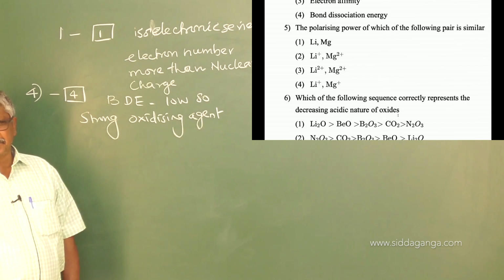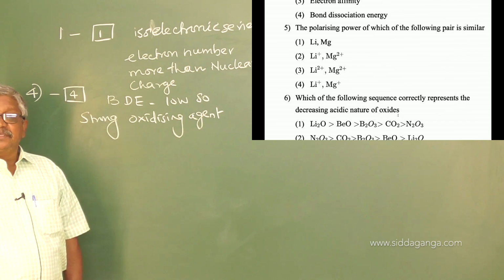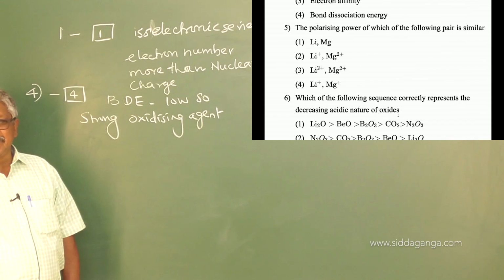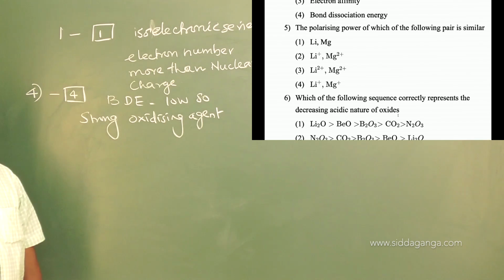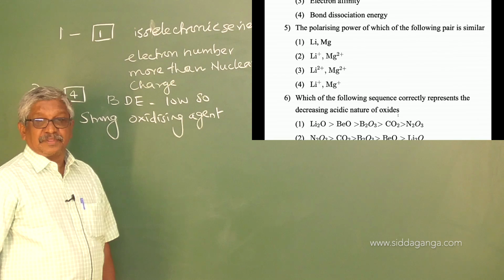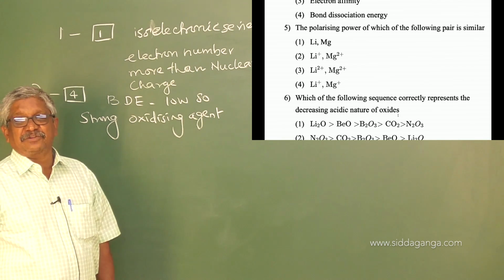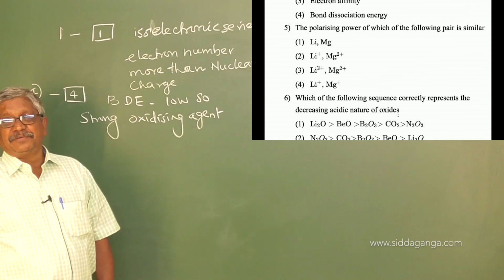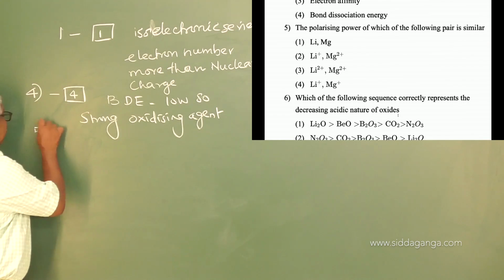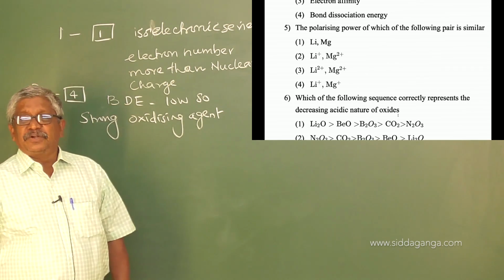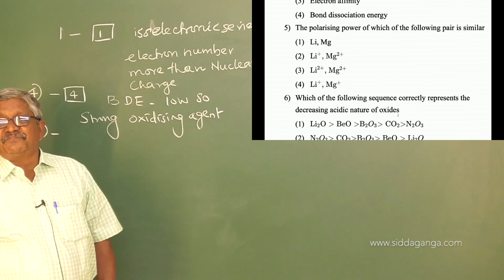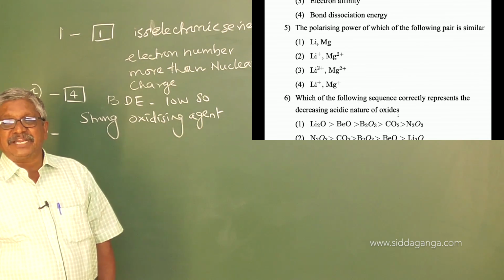The first member of the first group diagonally shows similarity with the second member of the next higher group. Question number 5, then, the polarizing power of which of the following pair is similar?